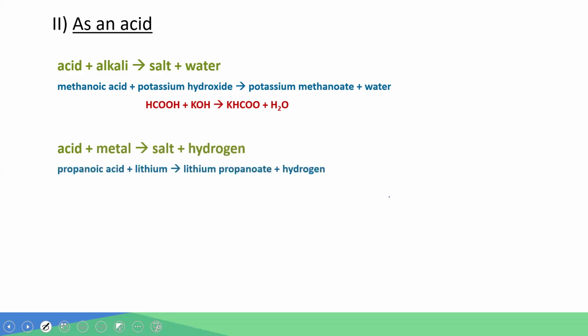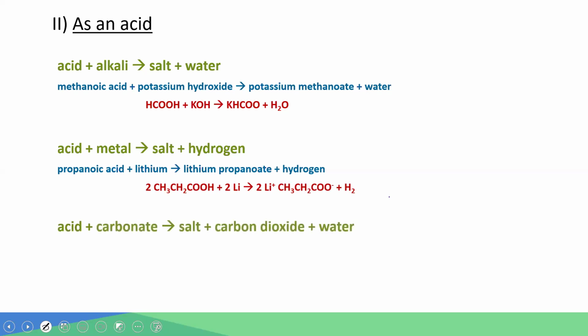Now look at the second reaction. Acid plus metal. I hope you remember these word equations. When you write acid plus metal, you get salt plus hydrogen. Lithium propanoate. Look at this: Li is plus and the carboxylate COO is minus. It's a salt. Acid plus carbonate gives you salt plus carbon dioxide plus water.